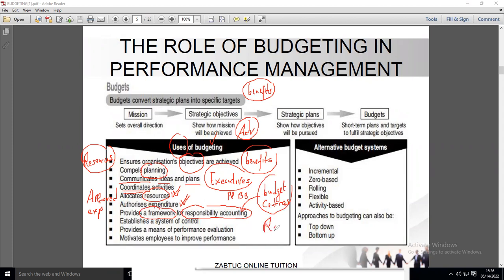Responsibility centers. Those budget holders are the ones whom we're going to take as responsibility holders. So an organization that has introduced budgeting has laid a very strong groundwork for responsibility accounting.